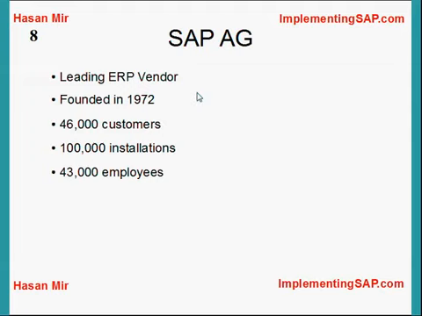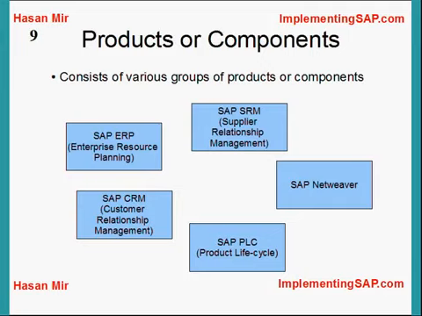Now SAP is the largest player in ERP market. It was founded in 1972 by some 3 IBM scientists. It's a pretty old company. It has 46,000 customers, 100,000 plus implementations running worldwide. Okay, that's pretty big. It has 43,000 employees, so it's a large company. Okay, now having said that, let's talk about SAP software itself.